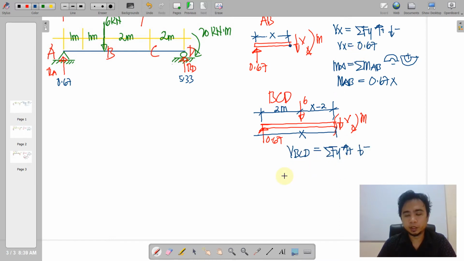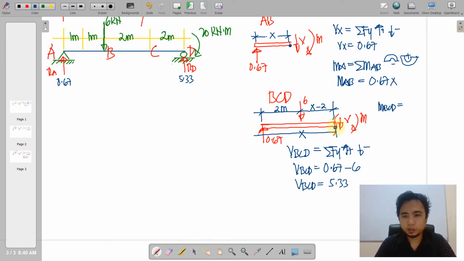See the same criteria here, and then all we have to do is to sum up forces vertical. That is a positive upwards direction, and then we less the downward direction. So we have 5.33 for that.